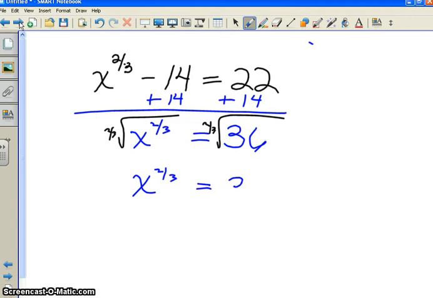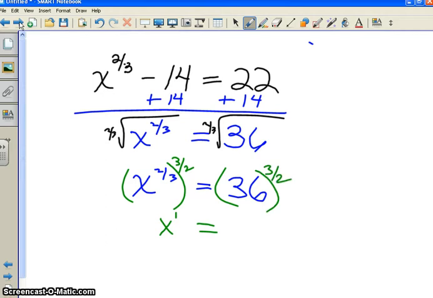for x to the 2/3 equals 36 is I can raise this to another exponent of 3/2, the reciprocal of 2/3. That way when we multiply 2/3 times 3/2, we'll get x to the 1 equals, and then whatever I do on the left, I do on the right, whatever 36 to the 3/2 power is.